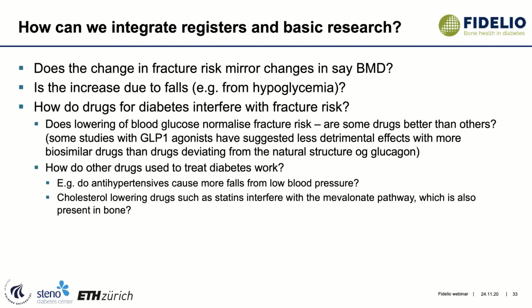Is this drug dependent? There are some studies with the GLP-1 agonists suggesting that some types, those that are more like natural glucagon-like peptide, are less detrimental than those that don't look so much like native GLP. What about if we use biosimilar drugs?